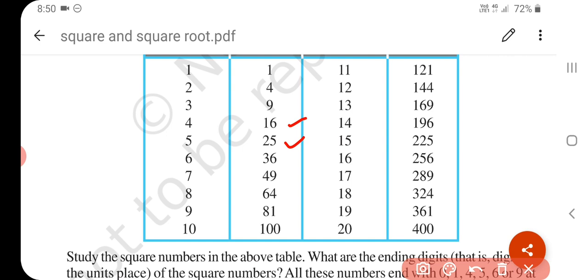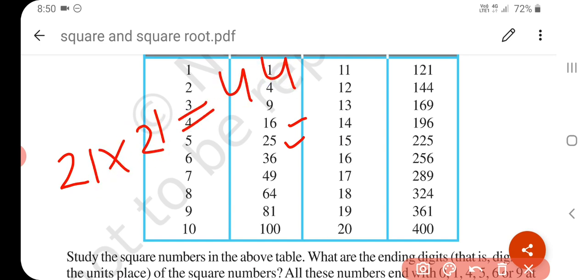See here, if you square 1, then you get 1 in the one's place. If you square 11, then you get 121. If you multiply 21 into 21, you get 441.